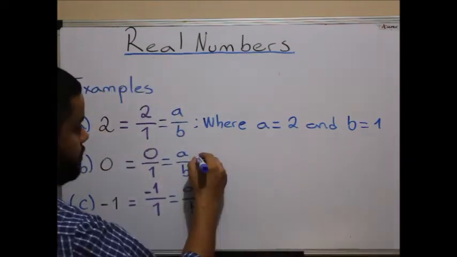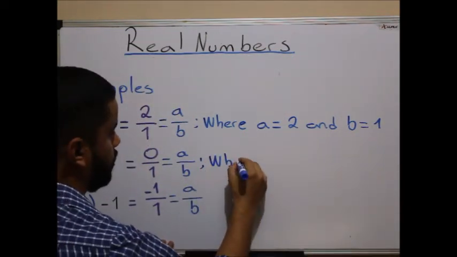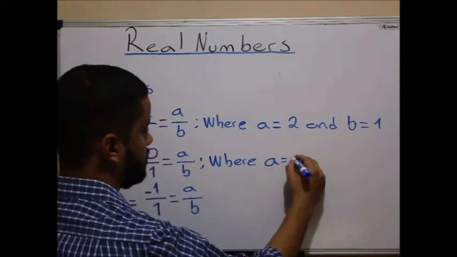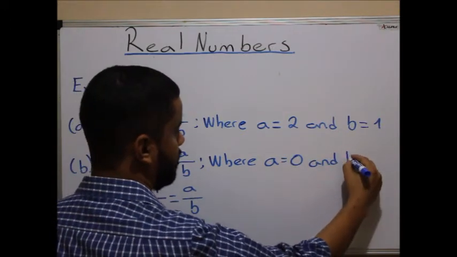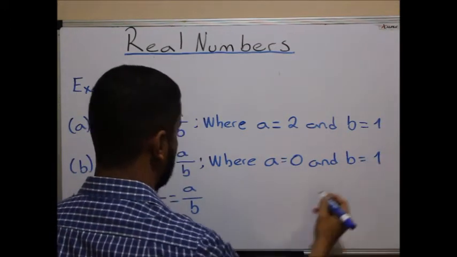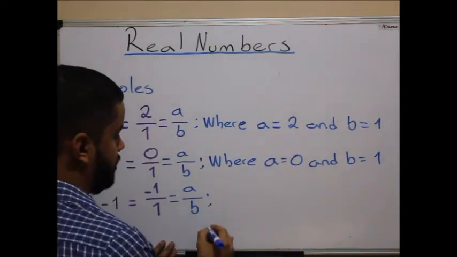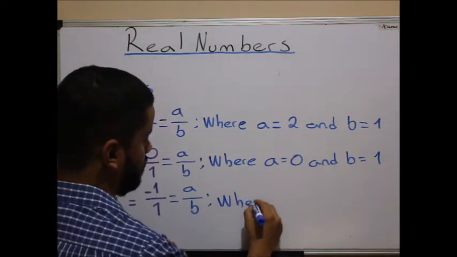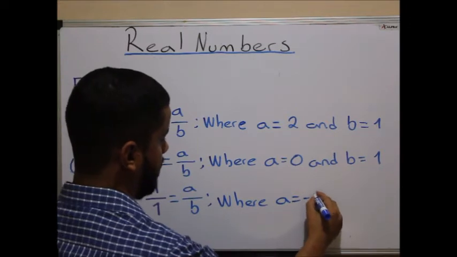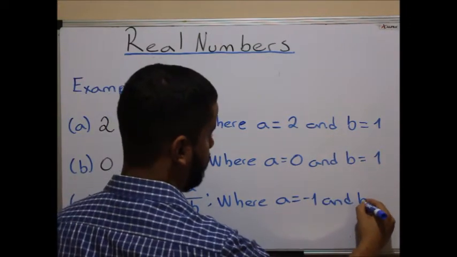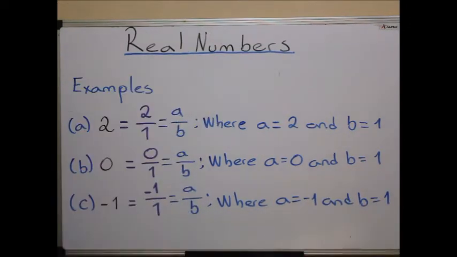Here we can say where a is 0 and b is 1. Also here we can say where a is -1 and b is 1.